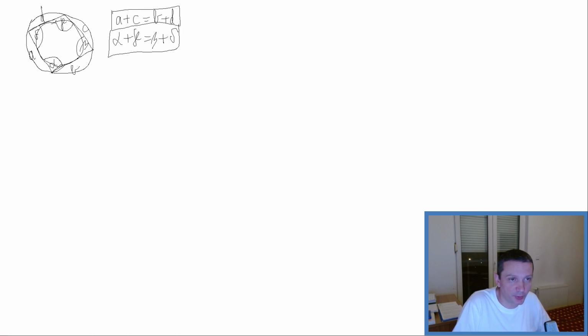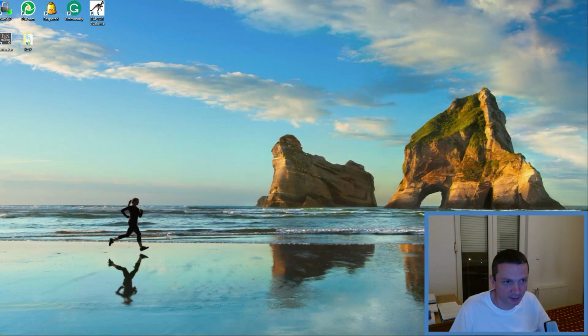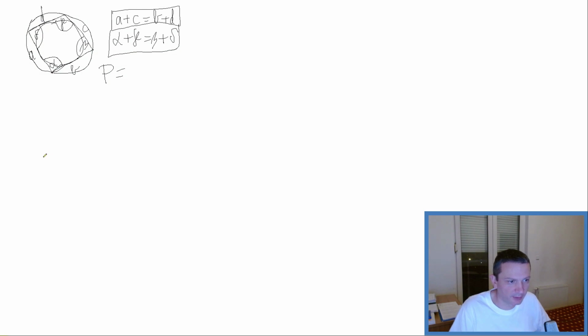And now we shall try to prove that the area, denoted by S, as it was in the document, is actually the square root of A times B times C times D.